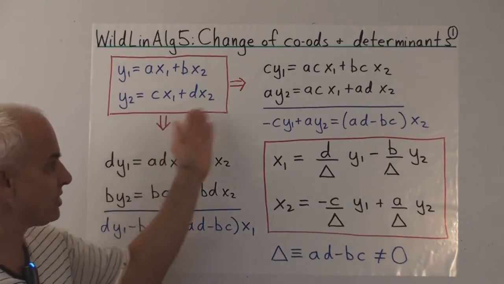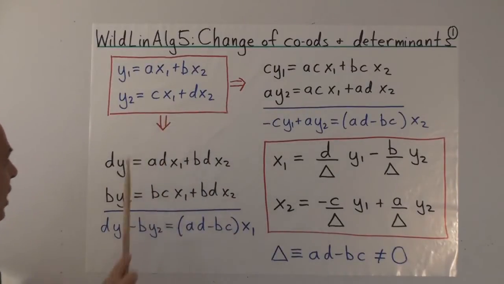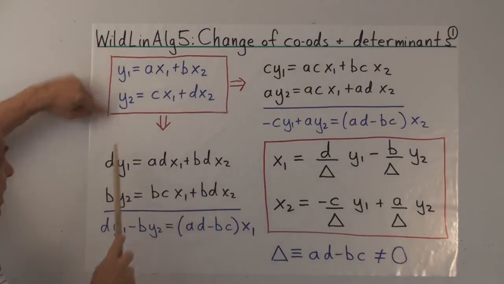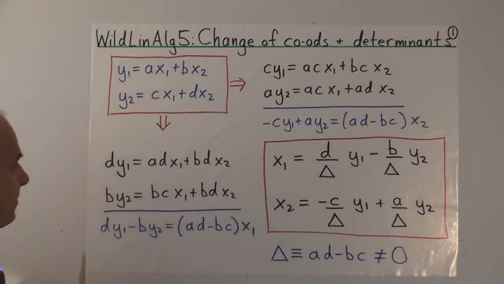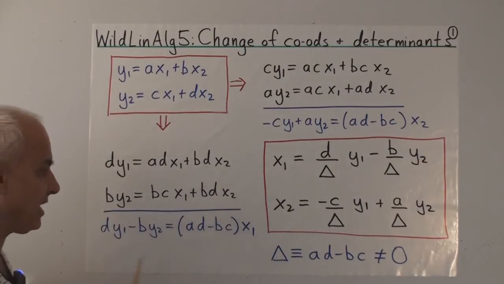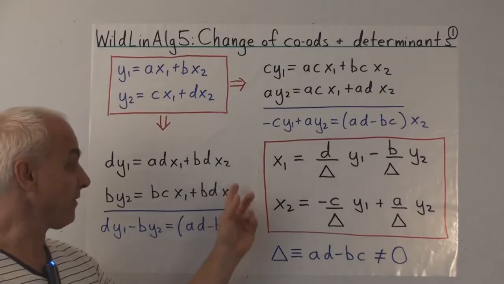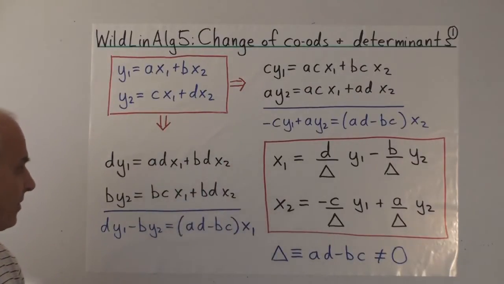We did it in two separate steps. So in one step, we take the first equation multiplied by d and the second equation multiplied by b. We do that so that there's a common term, bd times x2, so when we take the difference between these two equations, that term drops out.